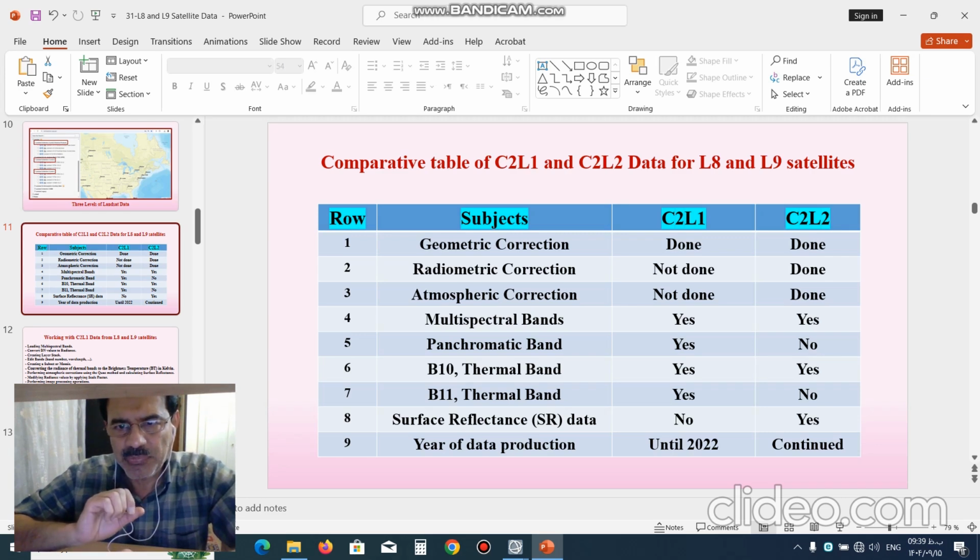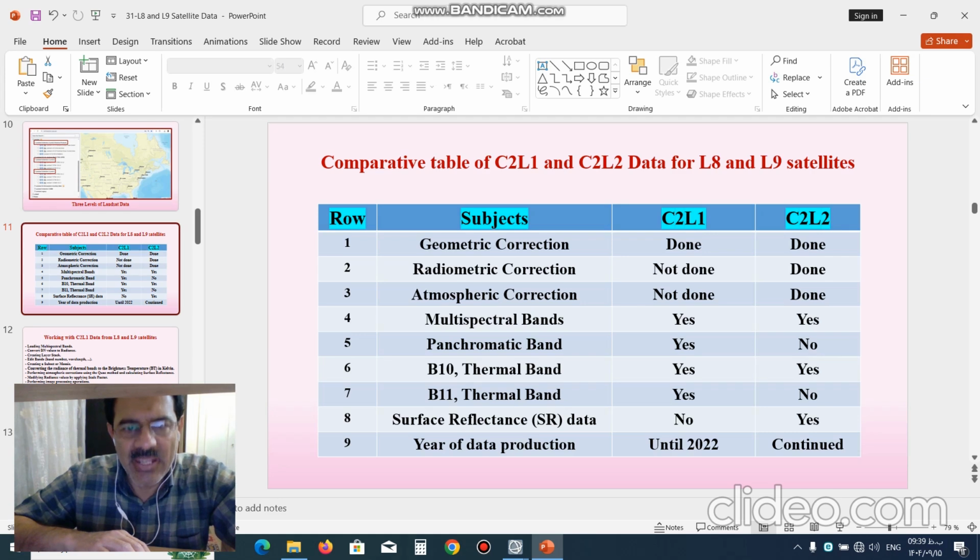Radiometric correction in Level 1 not done, and in Level 2 done. Atmospheric correction, not done, done. Multispectral bands, yes and yes. Panchromatic band, yes in Level 1 and no in Level 2.